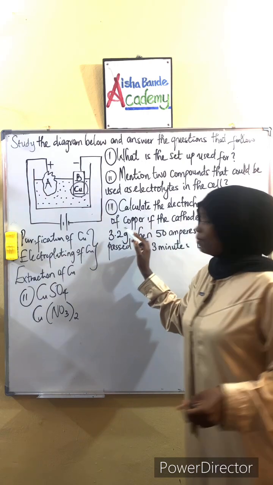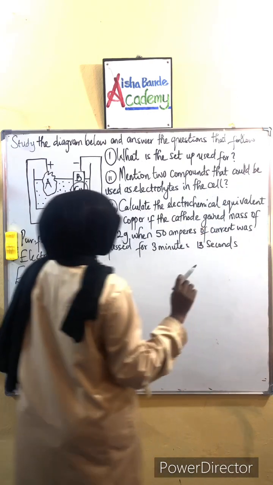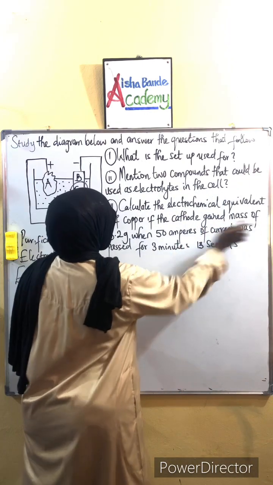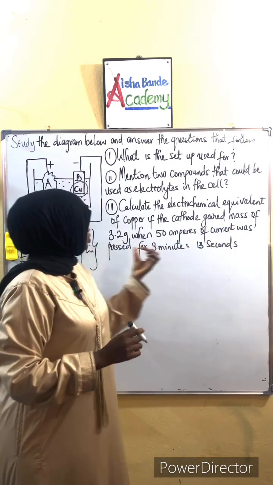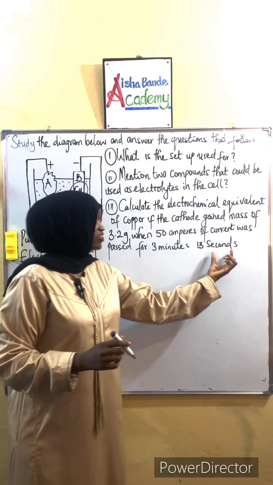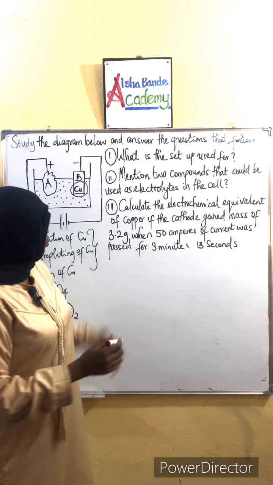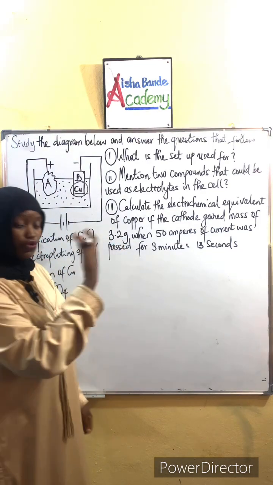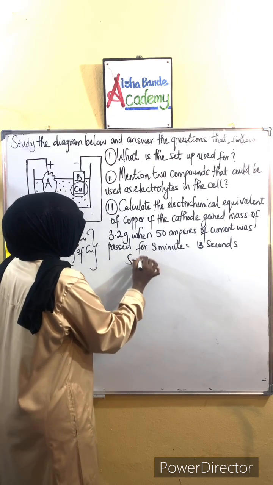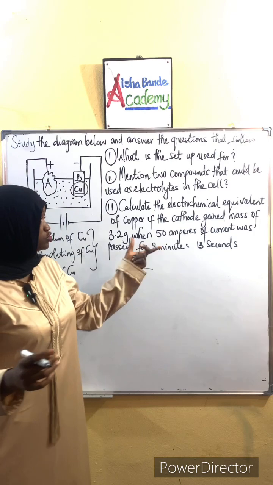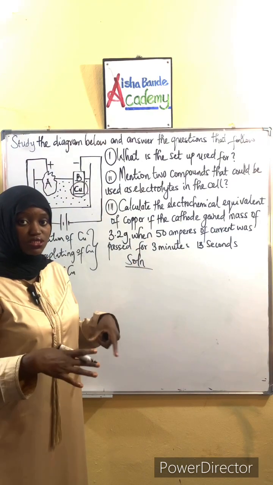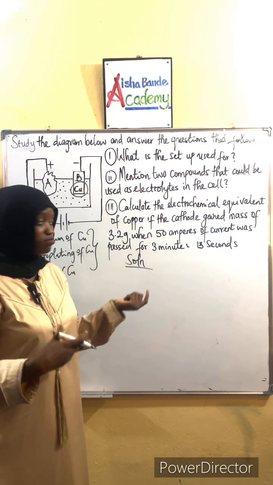equivalent of copper if the cathode gained mass of 3.2 grams when 50 amperes of current was passed for 3 minutes 13 seconds. So in this last question, we are required to solve some mathematical problems. So before we begin, all we need to do first is to bring out the parameters that have been given from the question.